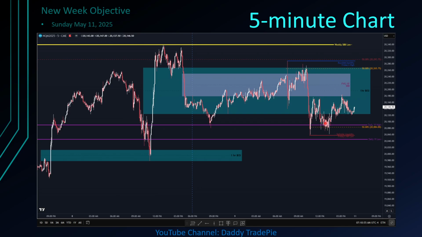Now we have traded all the way over here and in the last hour of trading you can see the market was gyrating and staying in the lower half of this 1-hour inefficiency.